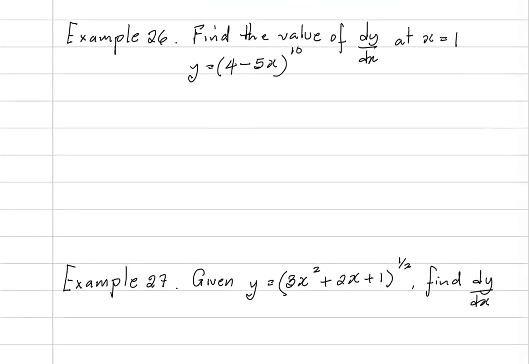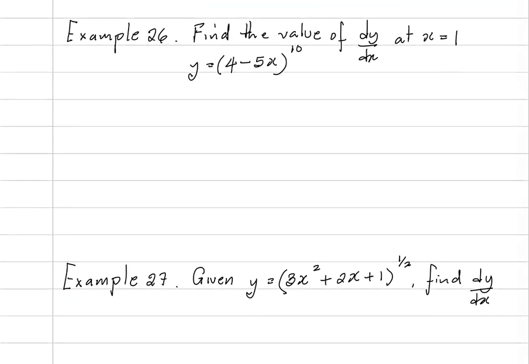So let's have a look at example 26. Still in chain rule, we're to find the value of dy by dx at x is equal to 1. Alright, so we have y is equal to 4 minus 5x to the power 10.